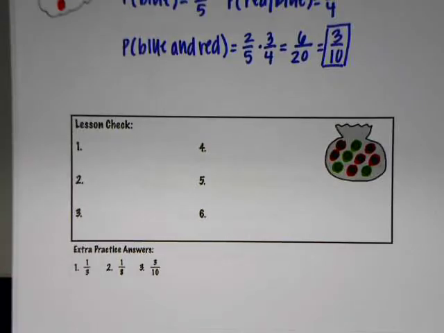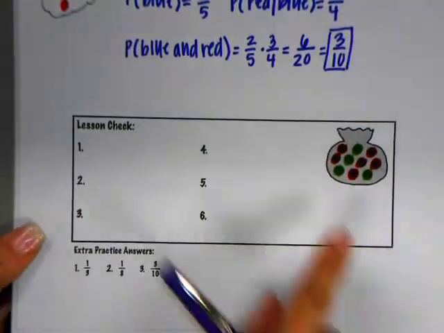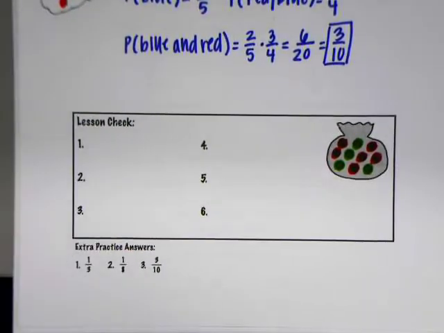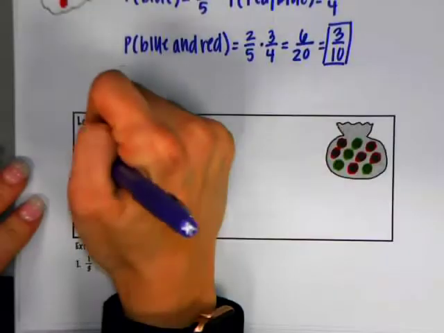Okay. For the marbles, these 3 and that one are green. So you have 4 green, and then the rest are red. Okay? So for number 1, you are finding just the independent probability of red.